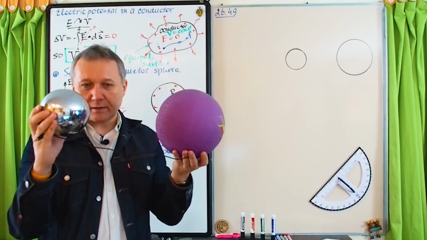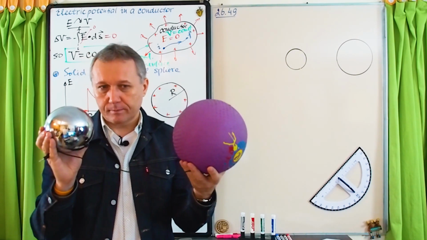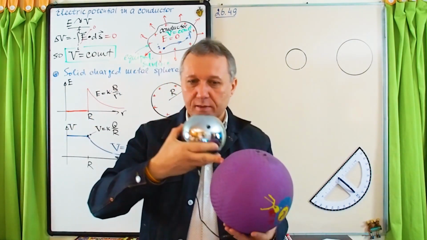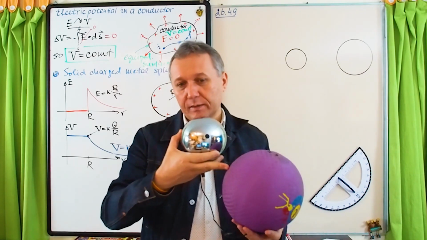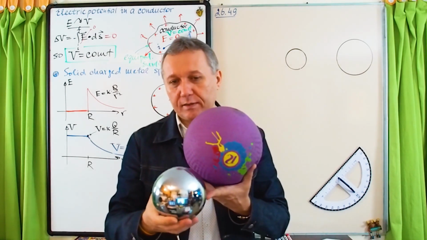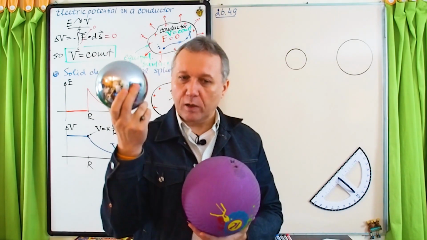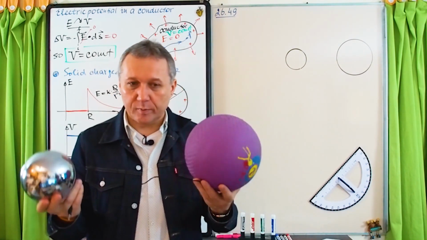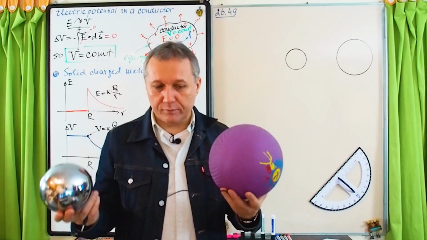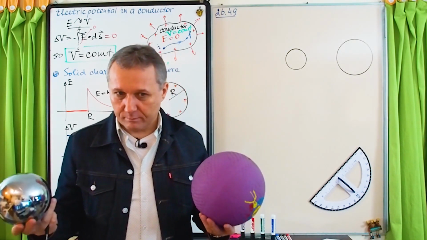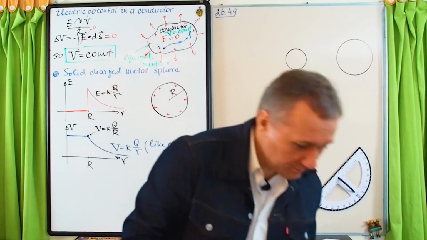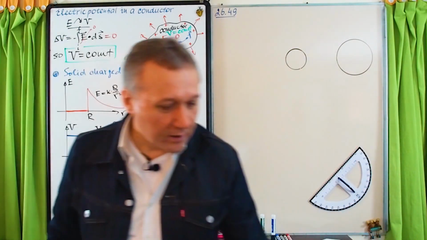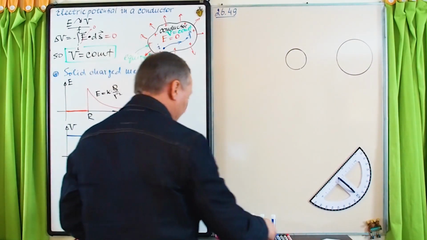We need to answer the question, what will be the charge on this sphere after we connect them, and what will be the charge on this sphere? Initially, only one was charged. So we need to find the charge on both of the spheres after we connect them.